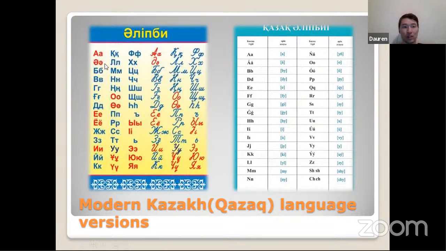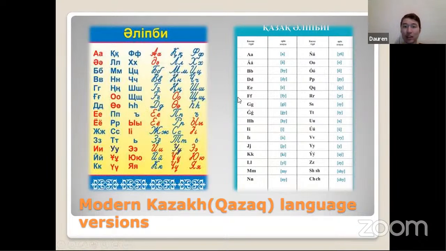So it was made like this. The difference with the Russian alphabet is our special Kazakh letters.